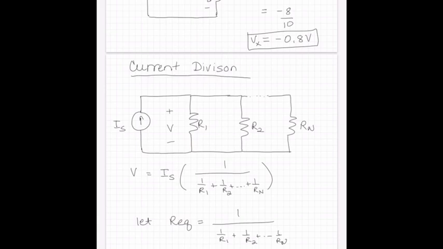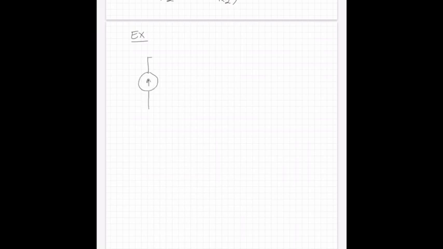All right, so let's do an example. We're going to have a 2 amp source, 2 resistors, this is 2 amps, 10 ohms, 15 ohms, and we're going to solve for this current I sub x.